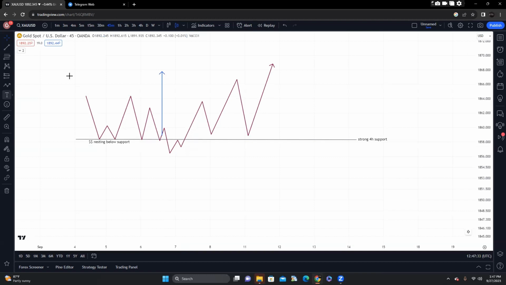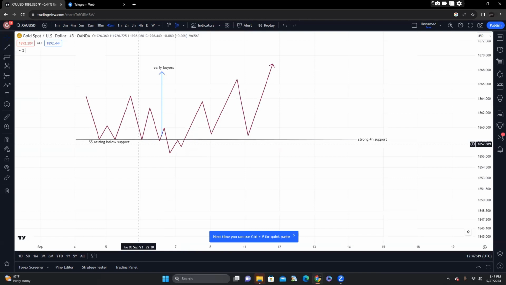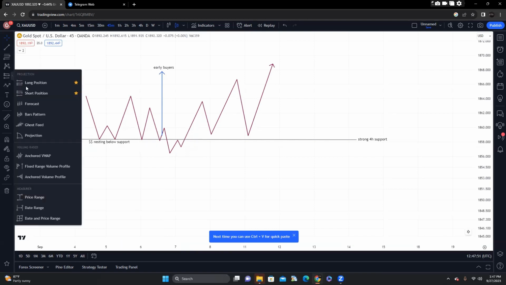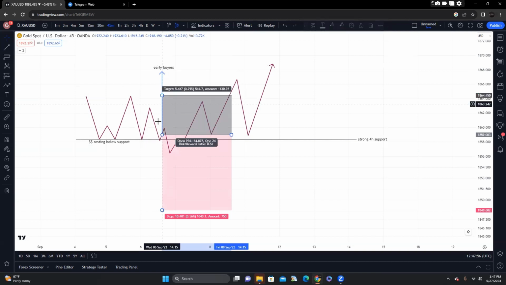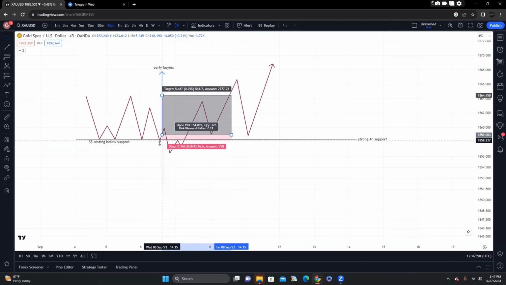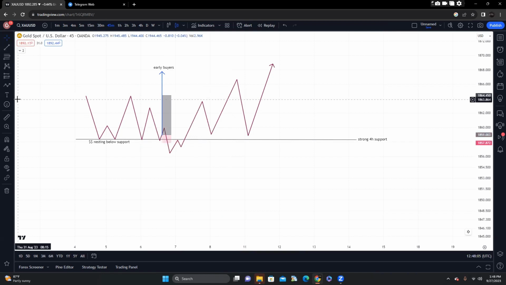So we have early buyers here. Let's give them their long position from here. Their target will be this high and their stop loss will be resting below this strong support level. And what happened? They are stopped out, right?